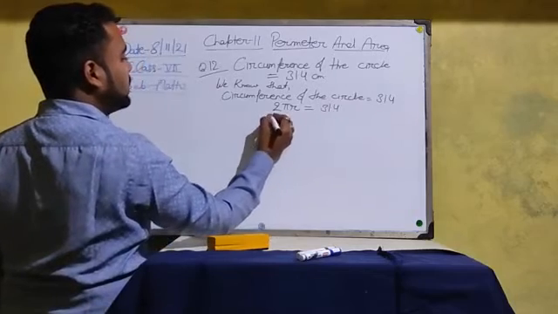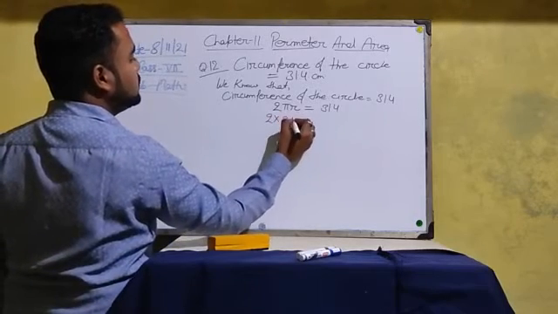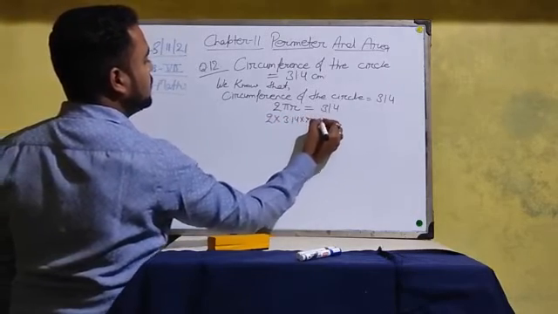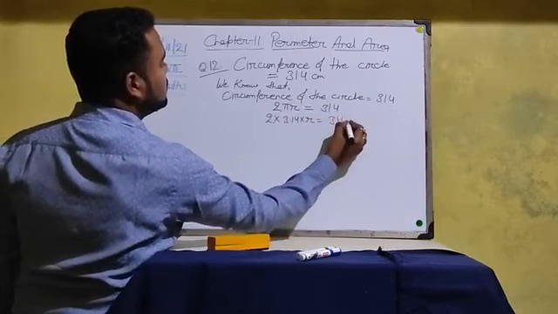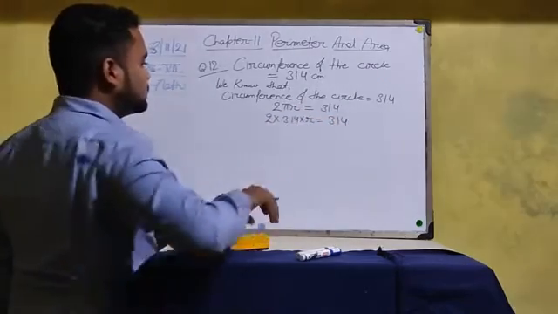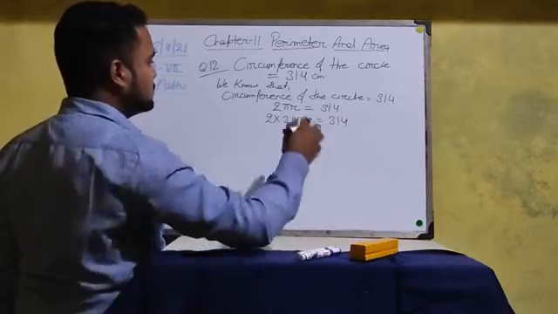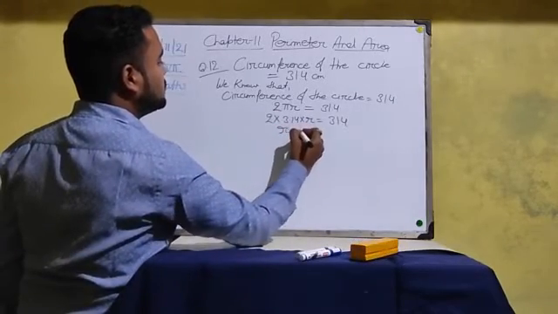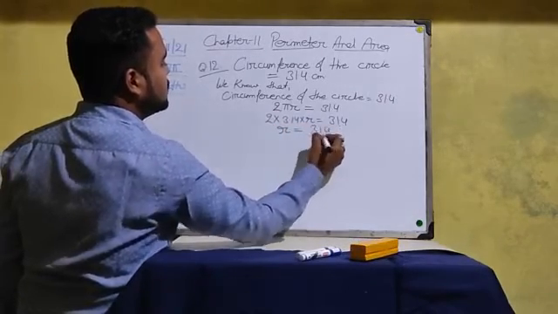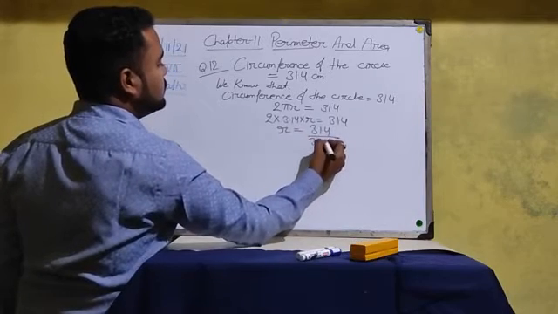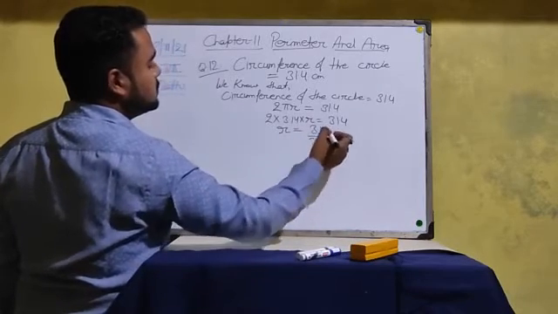So 31.4 equals 2 into 3.14 into r. So r is equal to 31.4 upon 3.14 into 2.